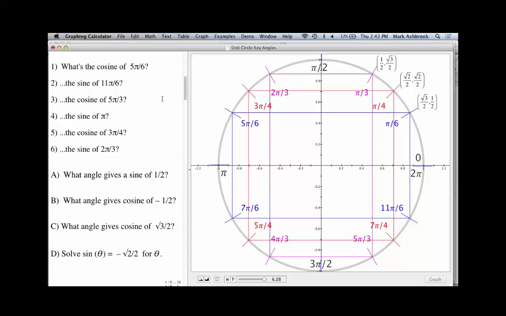Okay, how about what angle gives a sine of 1/2? What angle gives a sine of 1/2? Morgan, what angle gives us a sine of 1/2?